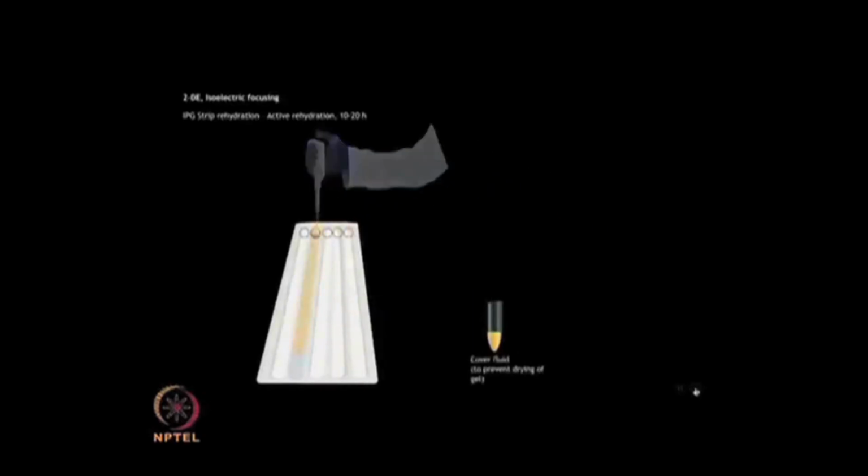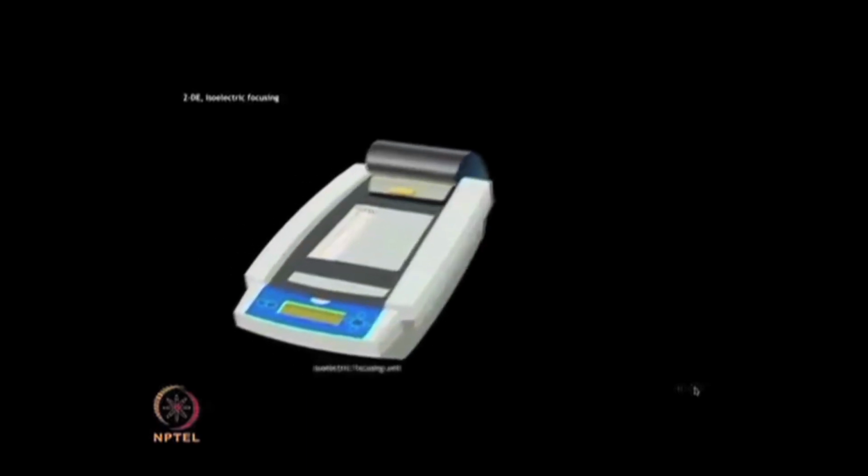With the protein sample applied, a very low voltage is provided and then cover fluid can be added. This is then placed in the isoelectric focusing instrument and low voltage is applied. The process can be performed for 10 to 20 hours.